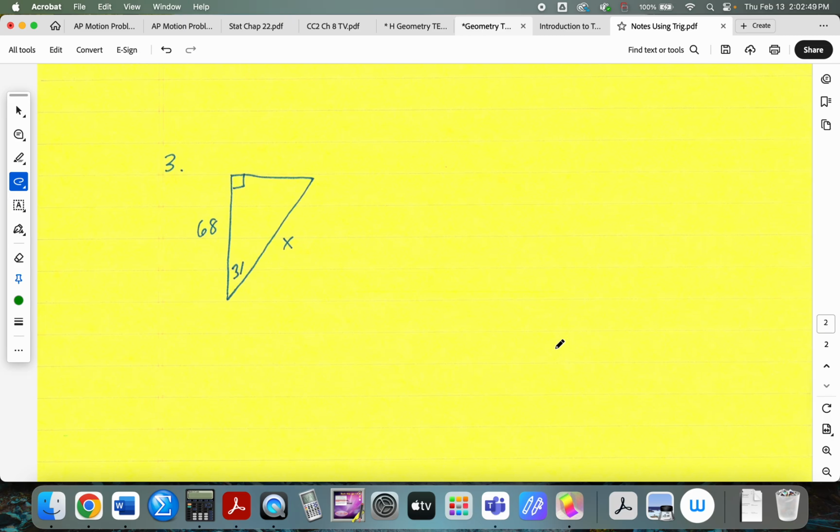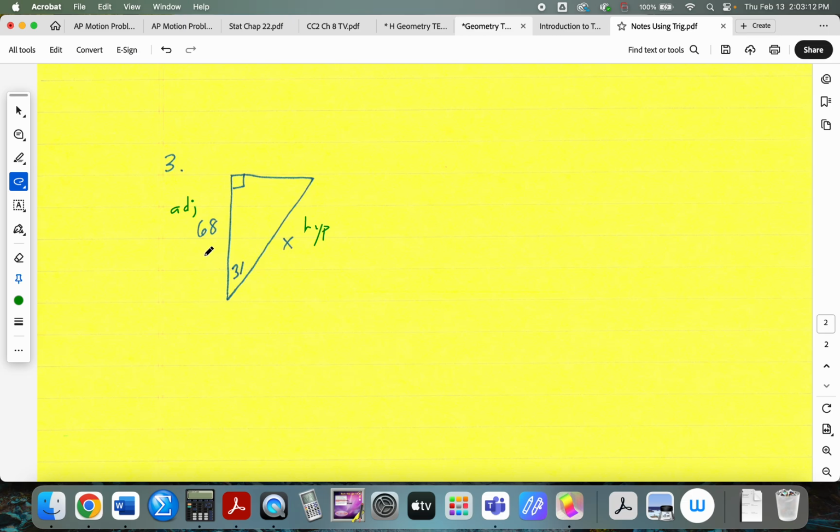All right, let's see how you're doing on this. So, Andres, what are the 2 sides that I have? The adjacent and hypotenuse. Yep, 68 is the adjacent, and x is the hypotenuse. Blake, can you tell me how to set up the equation? It's going to be sine. Not if it's adjacent.